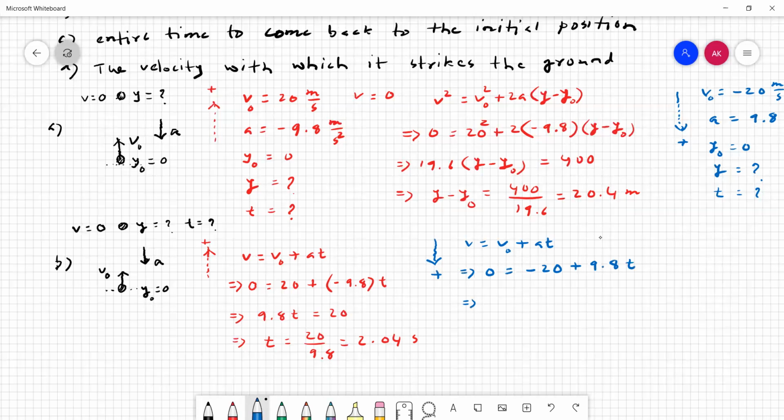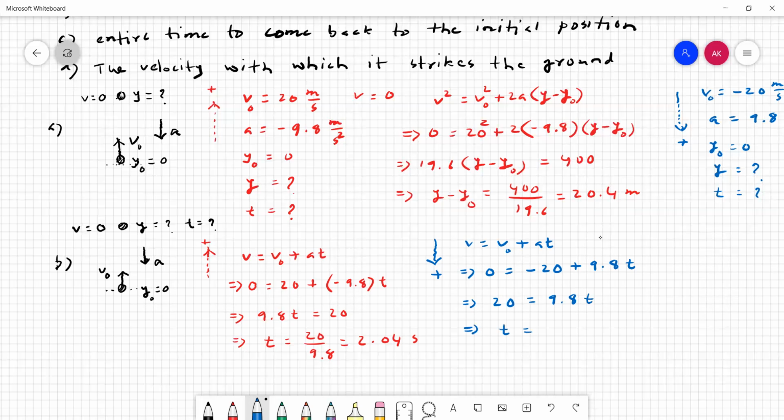Okay. So in this case, I can just keep 9.8 T on the right because it is already with a positive sign. I will transpose negative 20 to the left, so it will be 20 equals 9.8 T. And then I can find T by dividing both sides by 9.8.